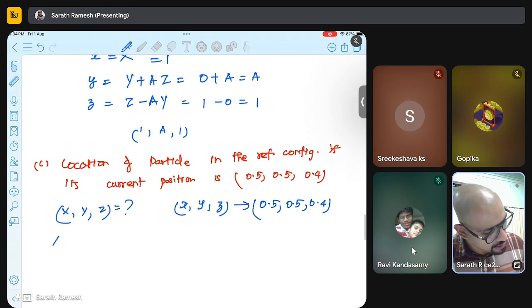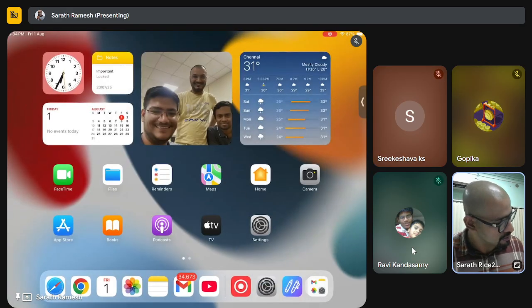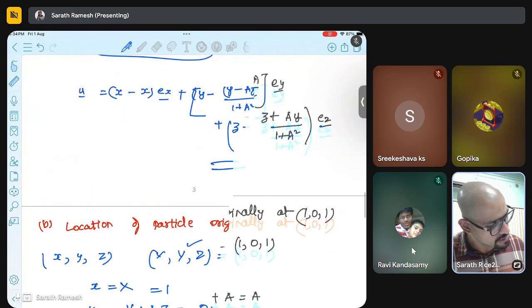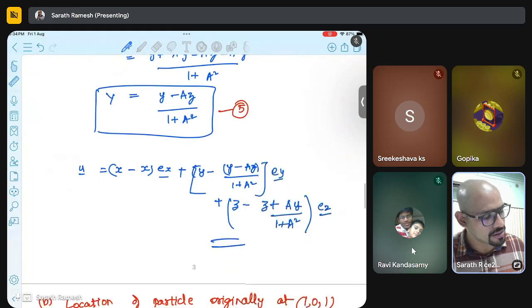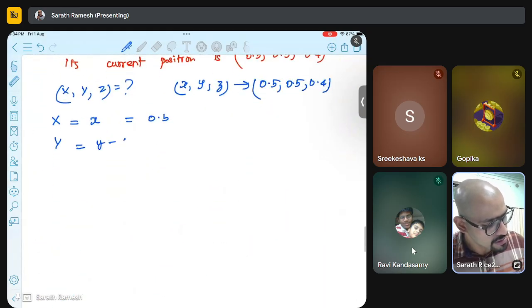So capital X, we just found, is equal to small x. So small x is 0.5. And capital Y equal to, where is capital Y? y minus AZ by 1 plus A square, which is 0.5 minus 0.5A by 1 plus A square.